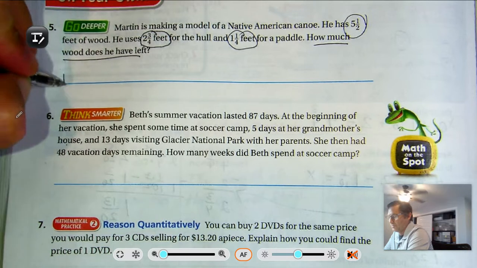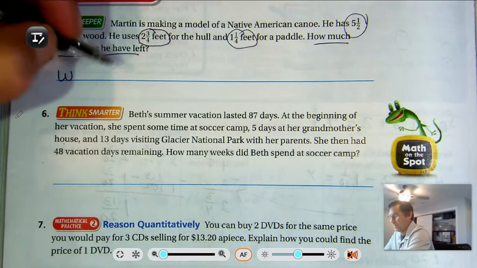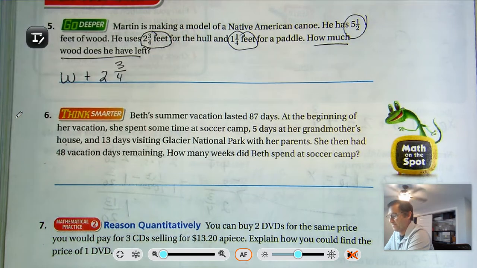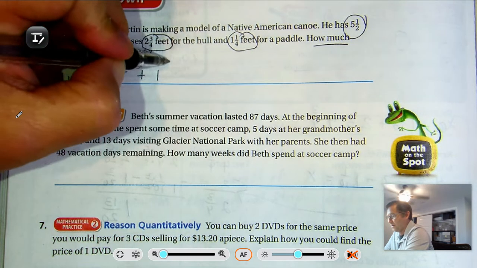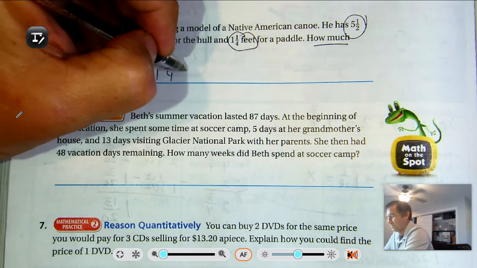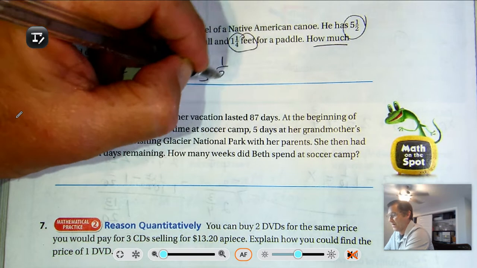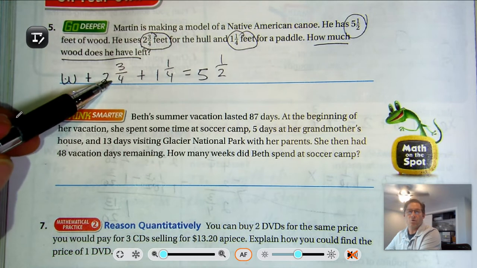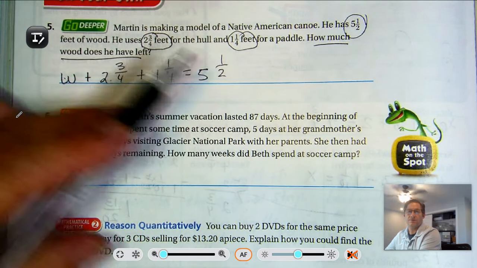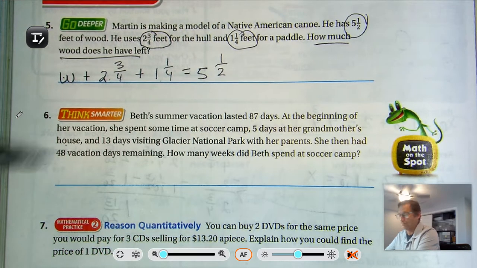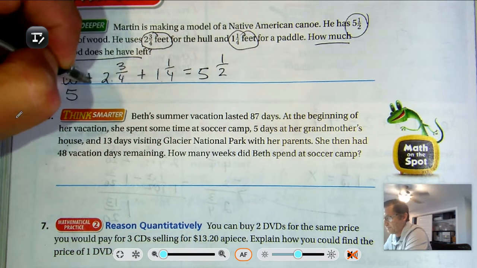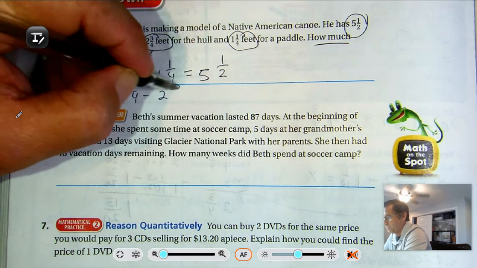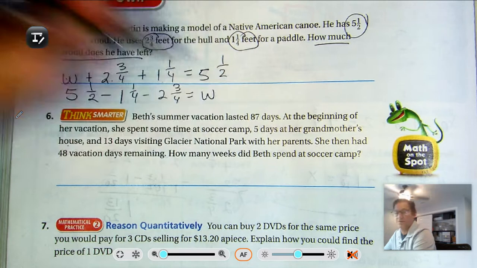So I'm going to use W for the amount of wood left, plus the 2 3/4 feet for the hull, plus the 1 1/4 feet for the paddle, equals 5.5. The amount he has left, plus the hull, plus the paddle, gives me 5.5 feet. So if I work backwards, it's going to be 5.5 minus 1 1/4 minus 2 3/4 equals the amount of wood left.